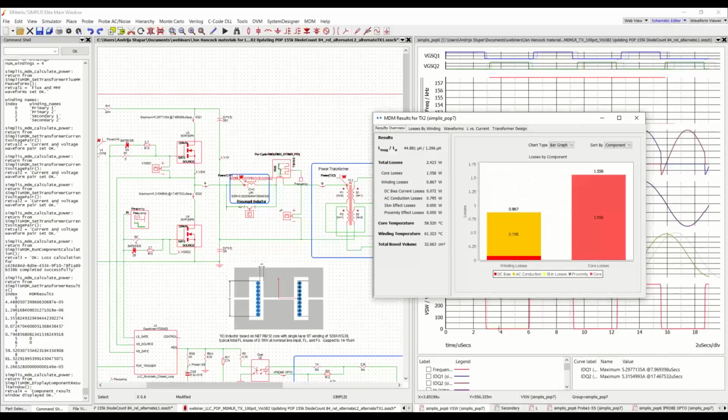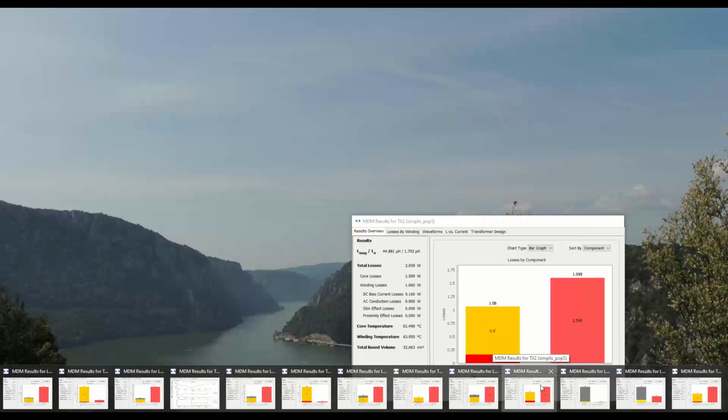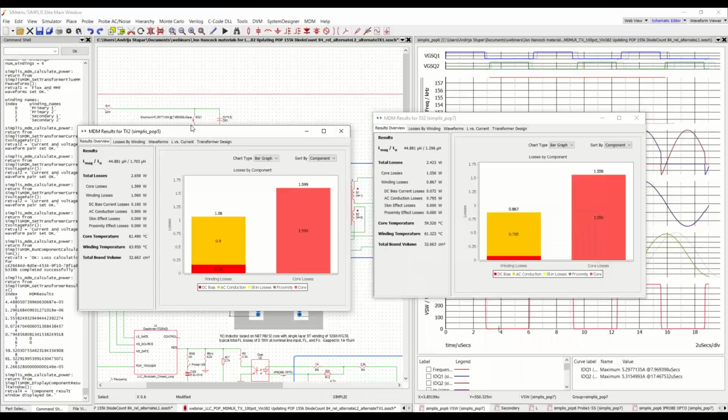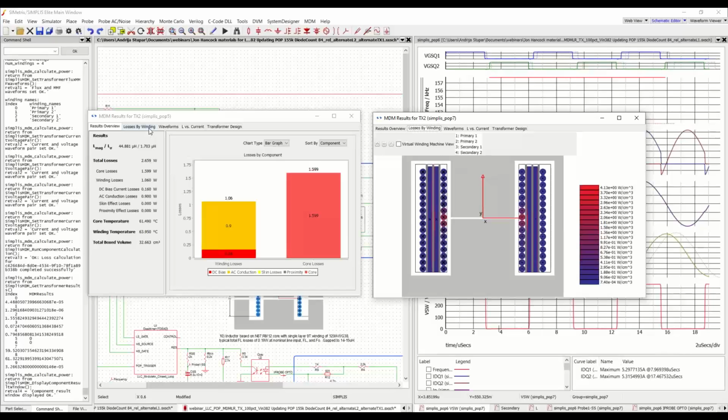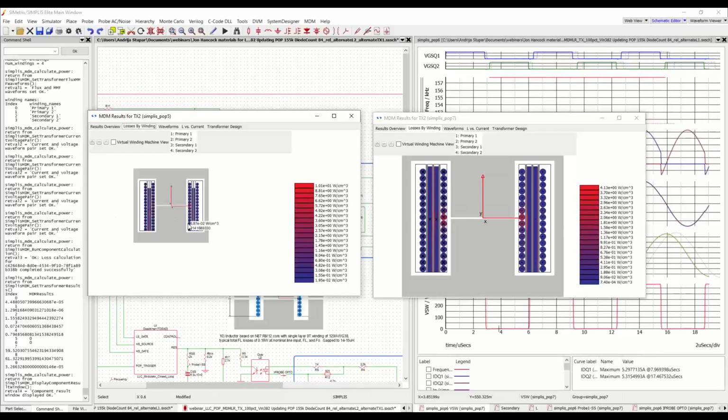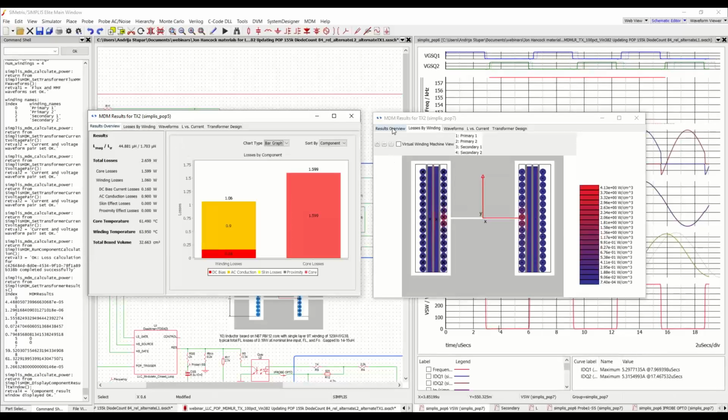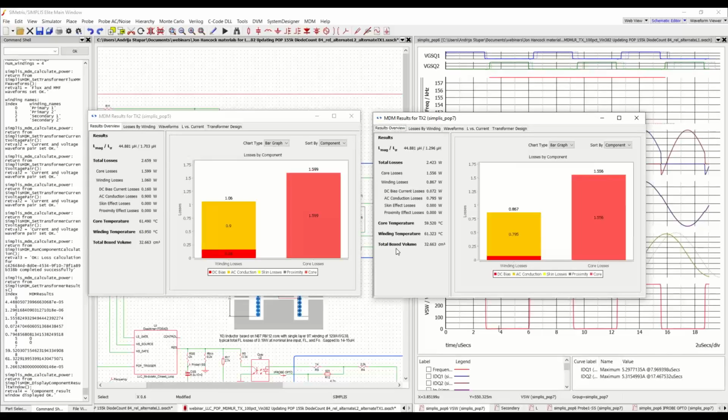So here, we've increased the foil height and its width, we've doubled it. And did that result in an improvement? Yes, it did. So we went from 2.659 watts to 2.43. So we more than doubled the area, but our winding loss didn't exactly halve. Why?